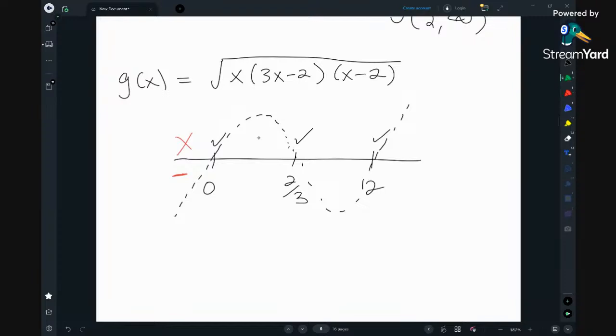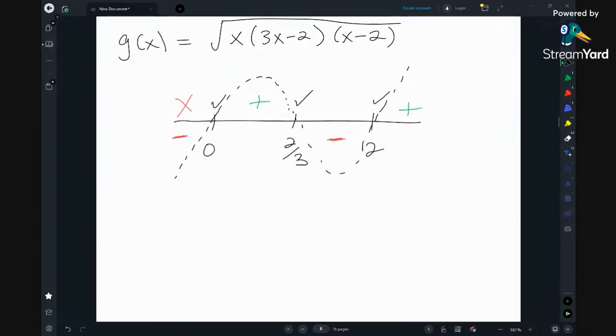The numbers in this interval were positive. This is allowed to be positive, so we're good. The numbers in this interval were negative. They're excluded. The numbers greater than 2 were okay. In interval notation, the domain of this function, 0 is our starting check mark number.